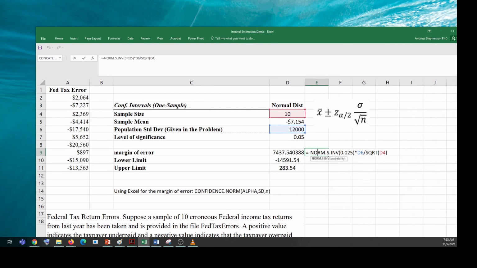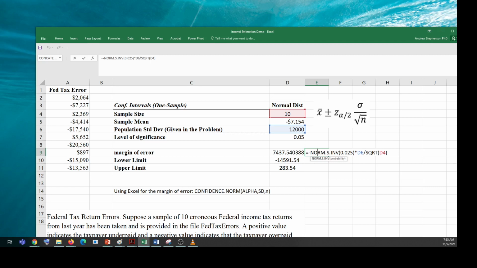So we are going to say norm.s.inv, where norm.s means standard normal, and inv means inverse. Inverse means we're looking at the area and we need to find the z value, as opposed to norm.s.dist when we have the z value and we want to find the area under the curve.